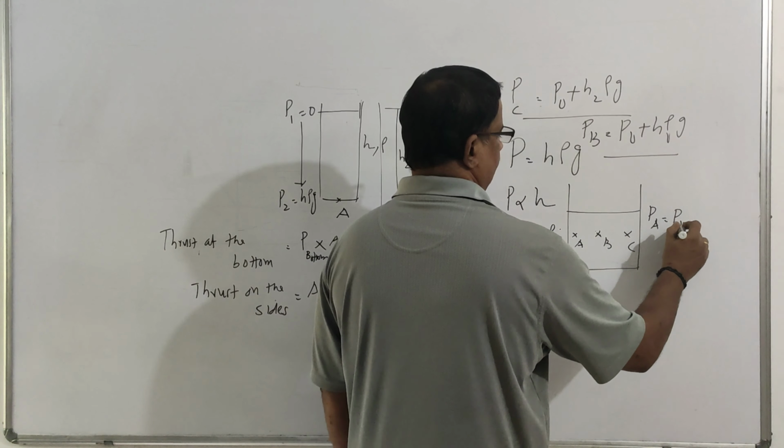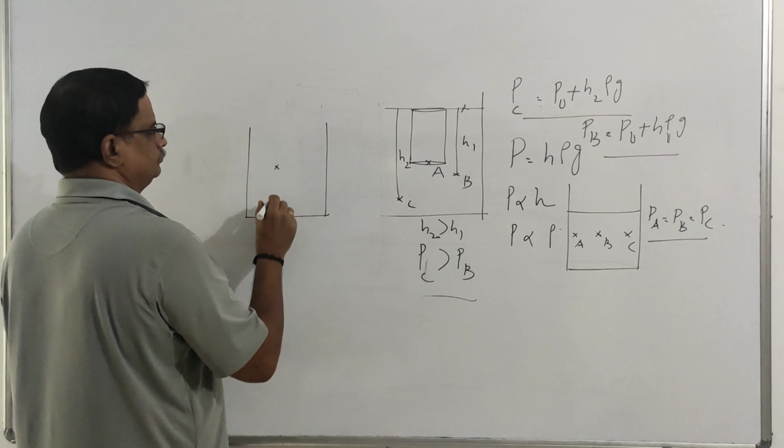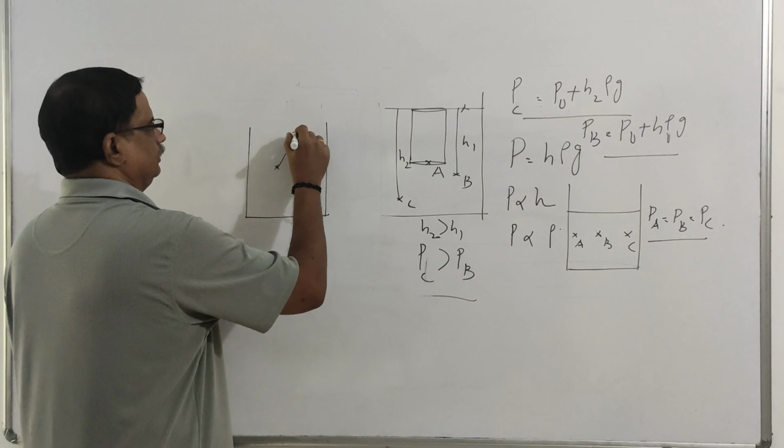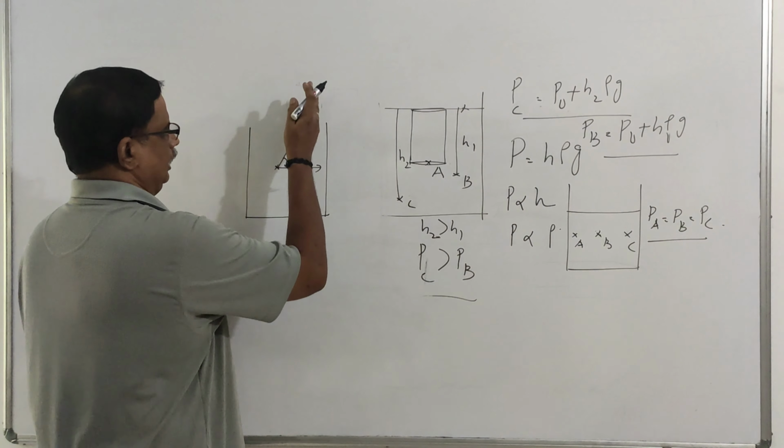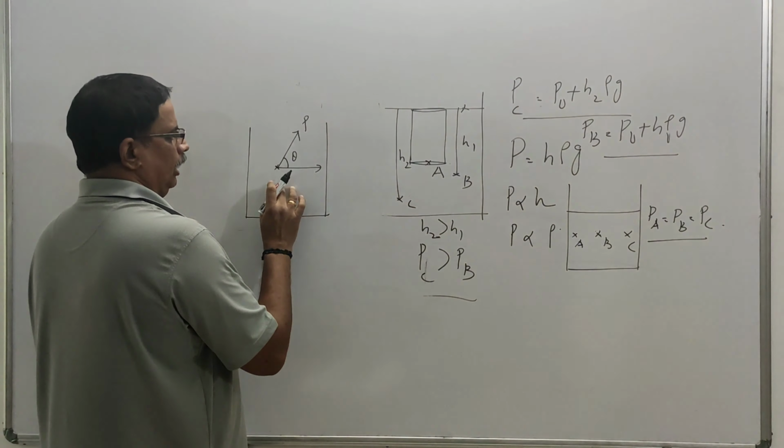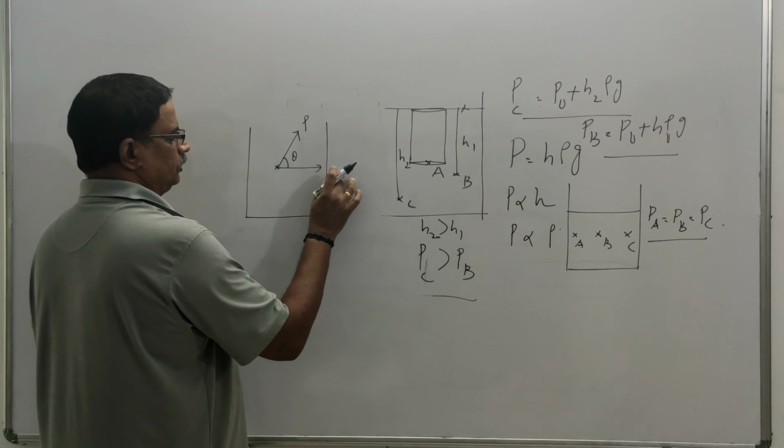Now let us look at the second property, which is even more interesting. Let us consider a point here. The pressure in this direction is P. Then what is the pressure in this direction which makes an angle theta with the horizontal? The pressure in this direction is also P. That is why I told you that we have a very interesting result.